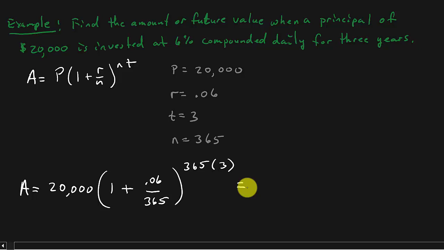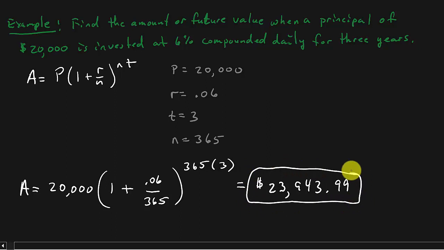And so this would be $23,943.99. And when you're in a math class and you're working problems dealing with money, students ask all the time, how many decimal places do I round it? Well, if you're dealing with money, round it to 2 decimal places.